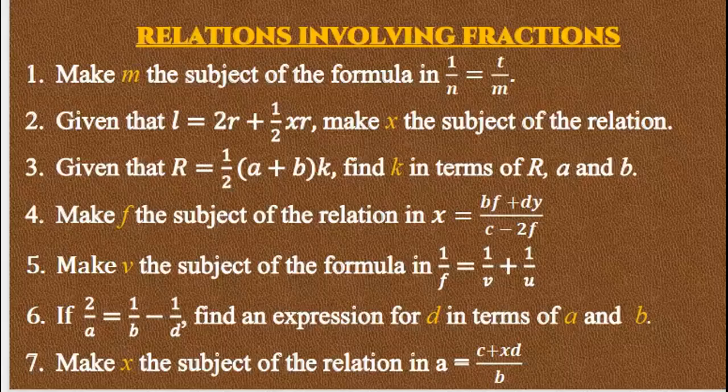Now, question 2. Given that L is equals to 2R plus 1 over 2xr, make x the subject of the relation. Now, as you can see, this one involves fraction. So, to solve this fraction, what can we do here?